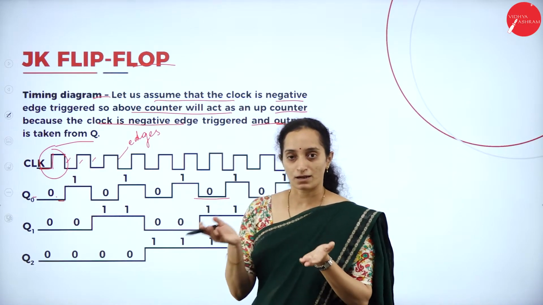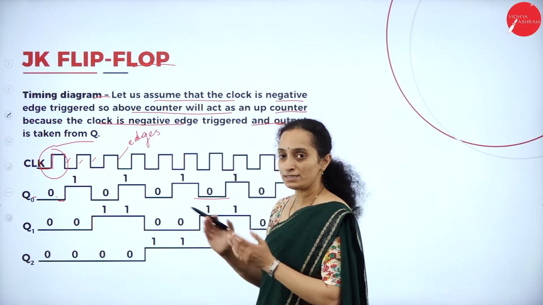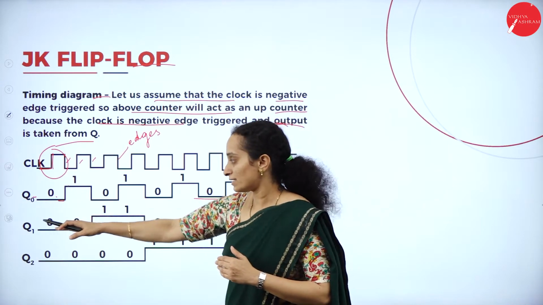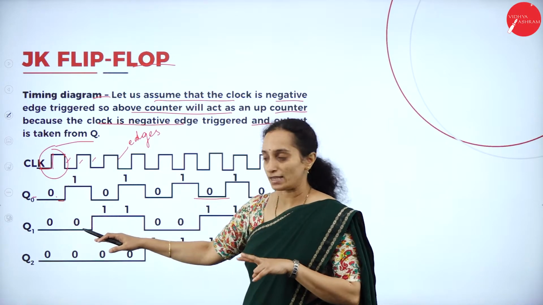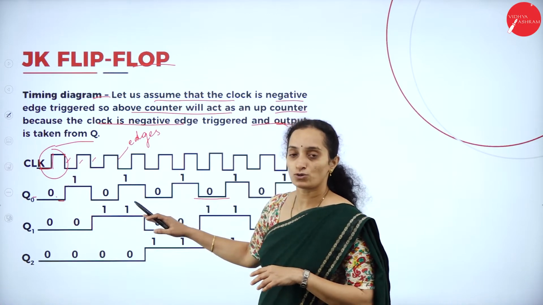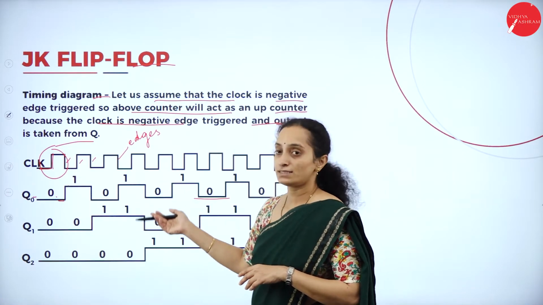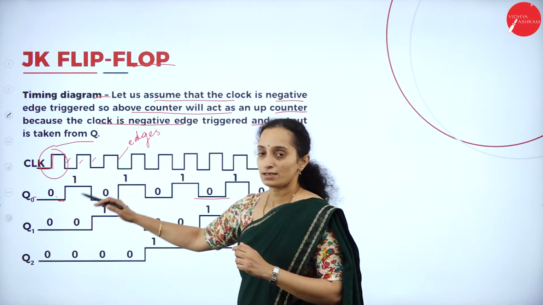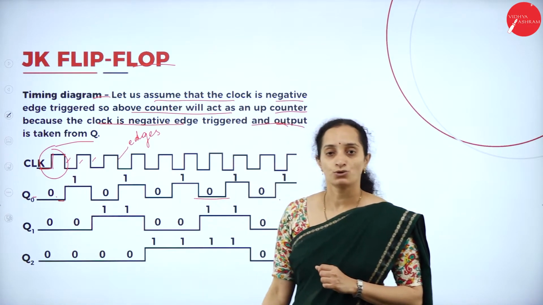You can observe that the electric pulse is becoming consistent: 0 is maintained for 2 cycles, 1 is maintained for 2 cycles. So there are no abrupt changes in the state of Q1.